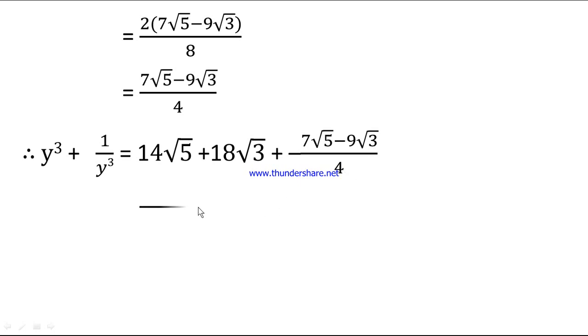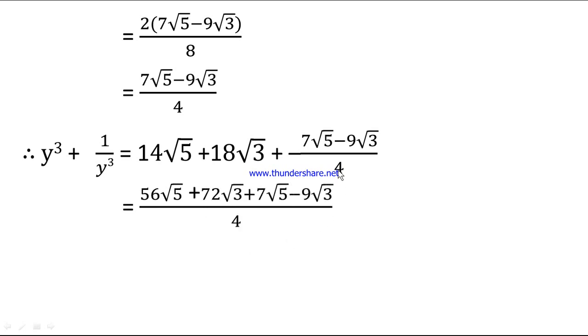And in the next line I have used 4 as the least common multiple, and that's why I have to multiply 14 root 5 plus 18 root 3 by 4, and the product will be 56 root 5 plus 72 root 3. And here this is the remaining part, 7 root 5 minus 9 root 3.